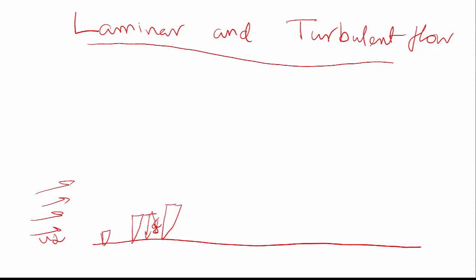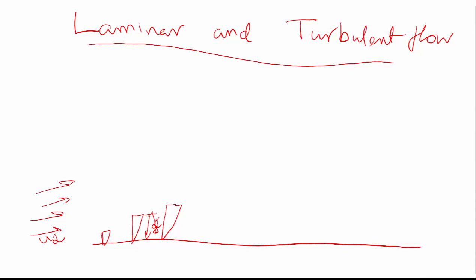If the plate length increases, the size of the velocity diagram, or the thickness of the velocity boundary layer, continuously increases. The reason for this is the cumulative shear effect. Therefore, from this concept we get one conclusion: if the length of the plate increases, the fluid flow is disturbed.